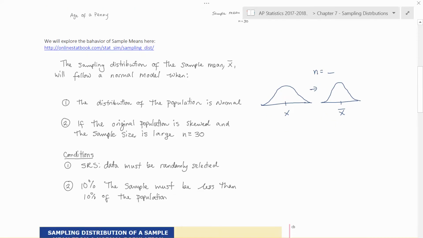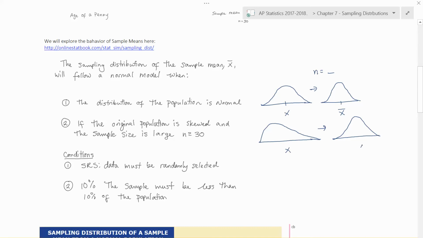In another circumstance, if the original population is skewed and the sample size is large enough, and we look at the distribution of sample means, we will be able to assume that that distribution is normal only in certain circumstances.